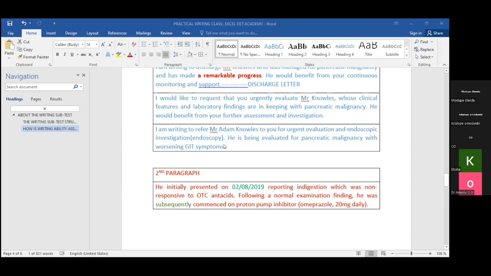If you know the number of words you write averagely on a line, you can multiply it by the number of lines, or you can decide to count it individually. I'll emphasize, if you write between 180 to 200 words, that's fine. But the idea is that you don't write too little, leaving out important information, and you don't write too much, putting in irrelevant information. So they don't count it.